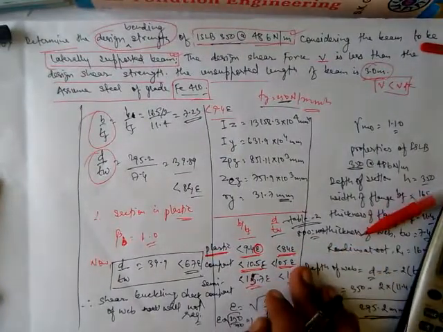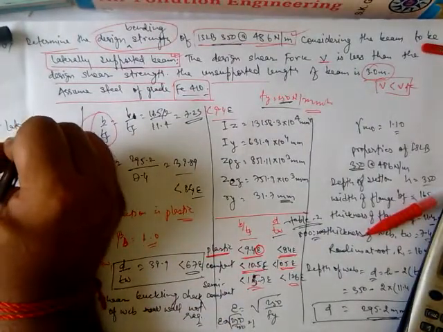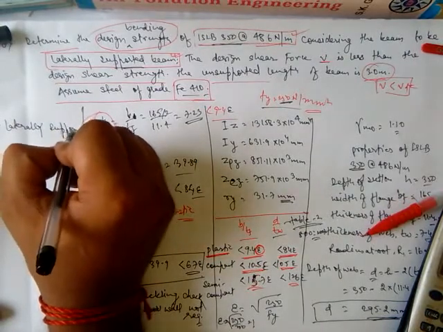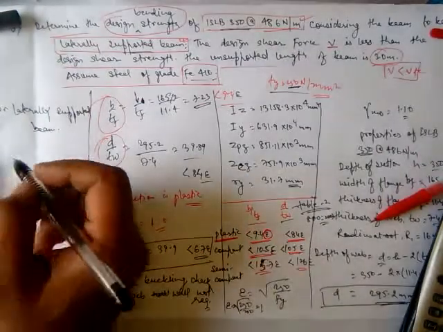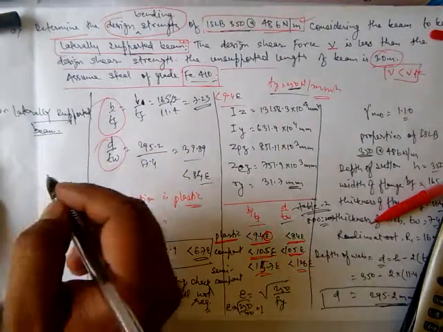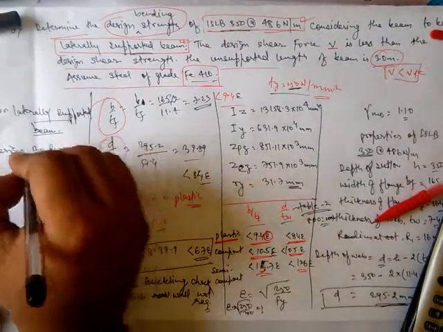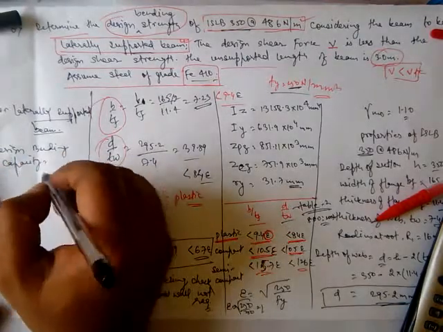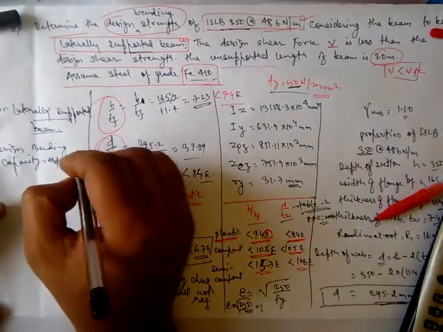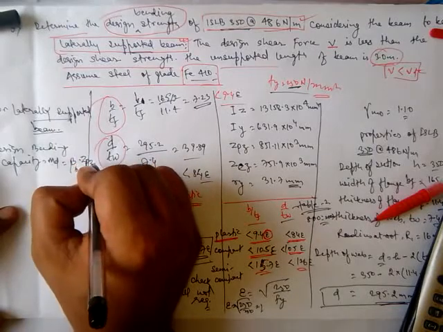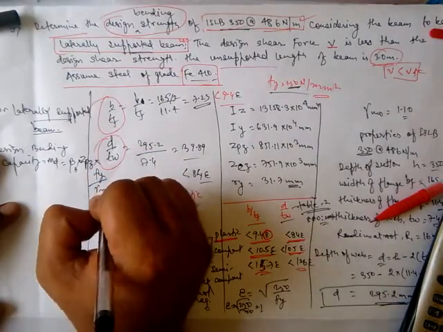Now for laterally supported beam, the design bending capacity is Md, and it is equal to beta b multiplied by Zpz multiplied by fy by gamma m0.